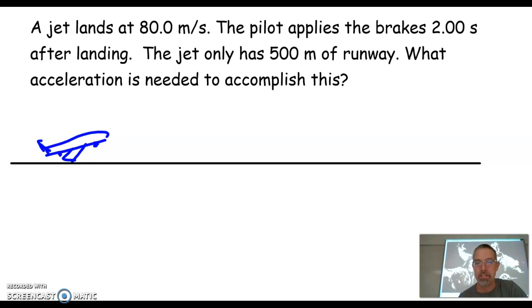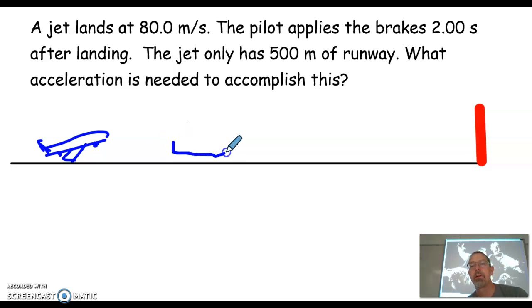What acceleration is needed to slow this plane before it meets its demise at the end of the runway, which wouldn't be good? So we're going to make sure we take care of business and brake this plane in time. When we diagram this situation, we've got to identify first the fact that this plane doesn't start braking right off the bat.